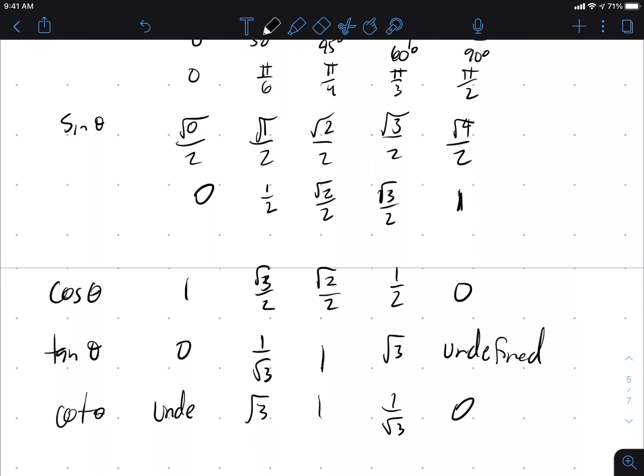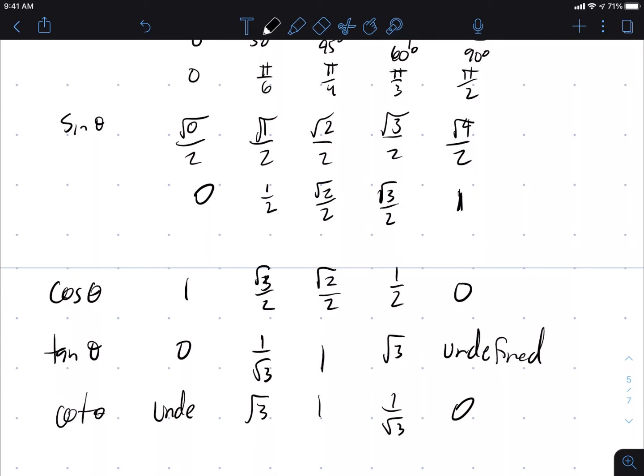Do you see how I just go, oh, 0, 1, 2, 3, square root divided by 2? That way I can fly. Does that make sense? All right, good.